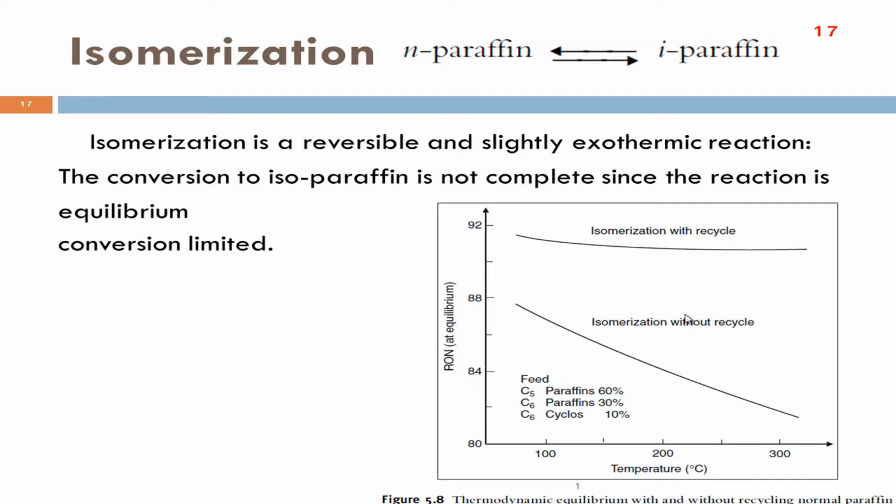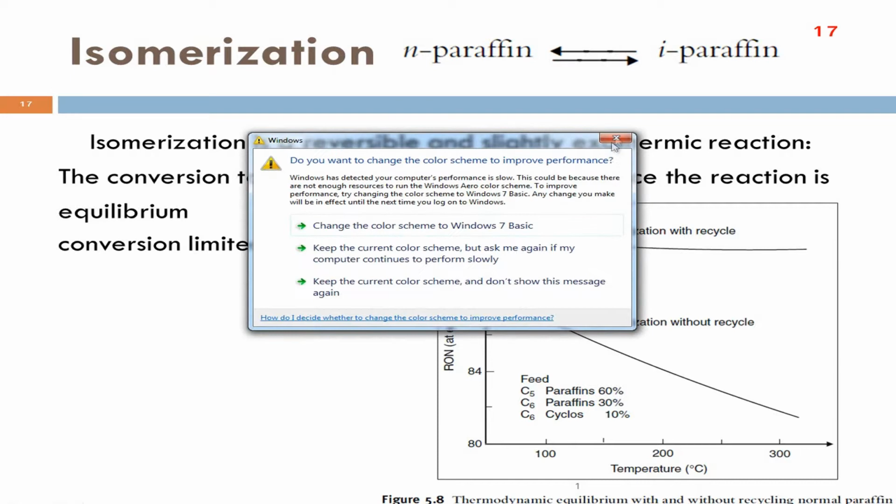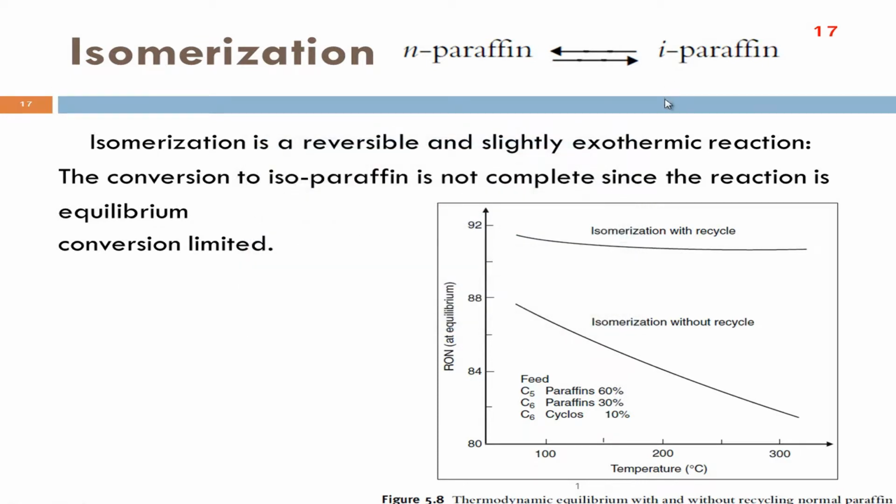Now, from this slide, we will talk about isomerization. The reaction is to reconstruct the chemical structure of the paraffin from the normal straight chain to the branched one. So of course, octane number can be boosted up. However, isomerization is a bit different from reforming.